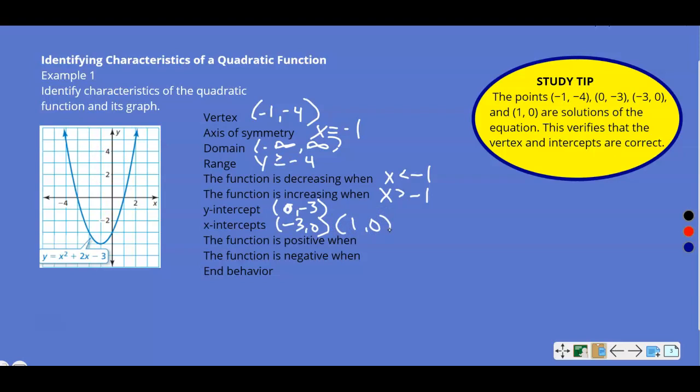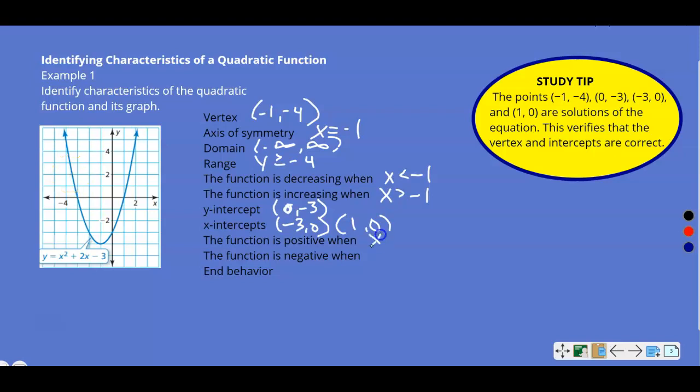All right, we can also determine where the function is positive and negative. All right, so it's positive everywhere above the x-axis. So it's going to be positive everywhere below negative 3. So when I say below, I'm talking about my x's here. So when x is less than negative 3, it's above the x-axis, which means it's positive.